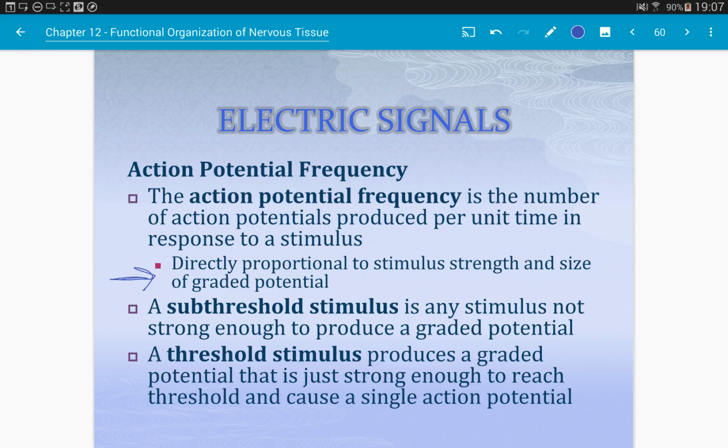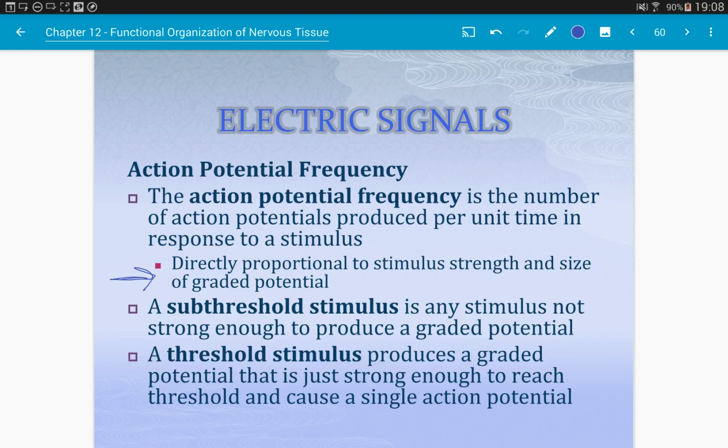Okay? So if you have a weak stimulus, you're probably not going to generate a lot of action potentials. However, if you have a strong stimulus, which generates a strong graded potential, the likelihood of generating an action potential more frequently is much higher.